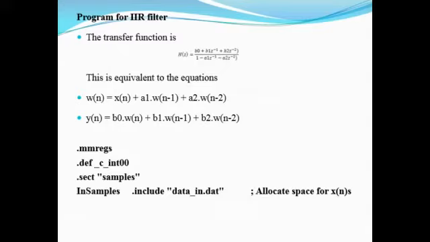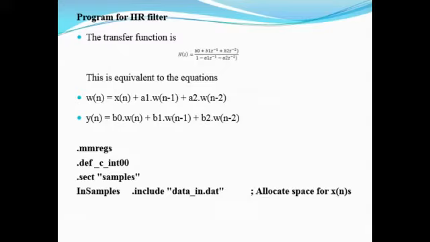Here I have just represented it to show the basic operations: one is addition, one is multiplication. a1 is multiplied with w of n minus 1, so there is a multiplication operation carried out between a coefficient and a sample. Then the sample x of n is added with the product term, a1 multiplied by w of n minus 1.